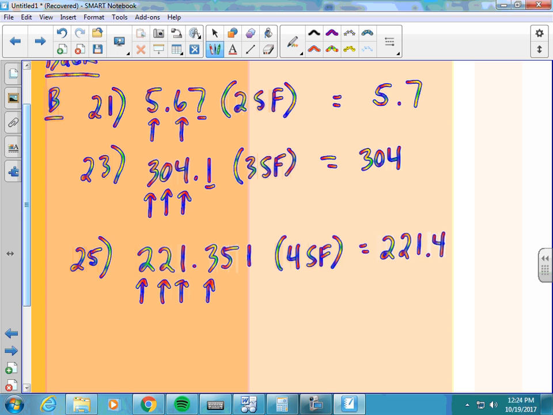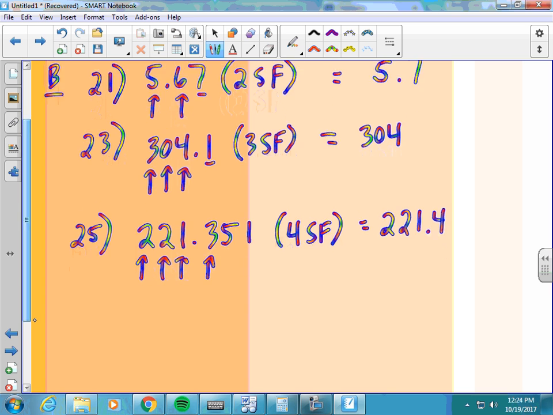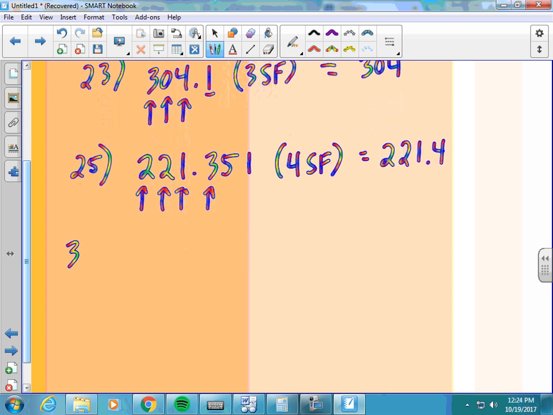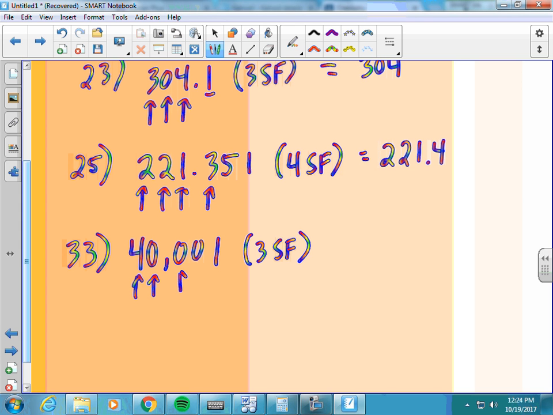Okay, now we're not doing too much with scientific notation yet, and they give you some tricky ones here. So I'm just going to give you the answers. If you're curious about them and want to discuss them more, feel free to come up and go over them with me later. But the first one is 40,001, and it says round it off to 3 sig figs. That means this is significant, this is significant, this is significant.